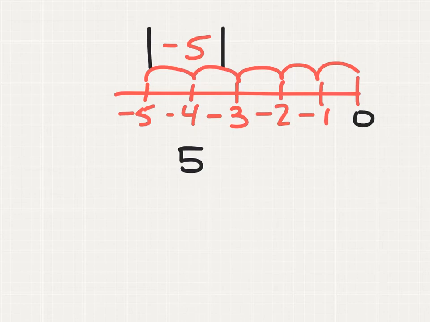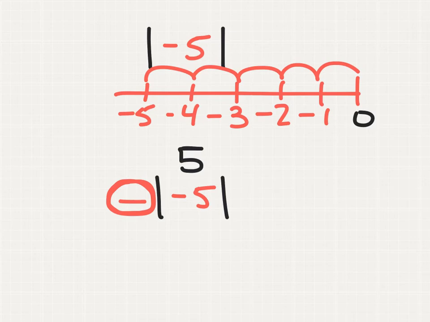Well, what if I had negative the absolute value of negative 5? Well, this symbol here remains in my solution. So my solution to the negative of the absolute value of negative 5 would be negative, and we know that the absolute value of negative 5 was 5, so it would be negative 5.